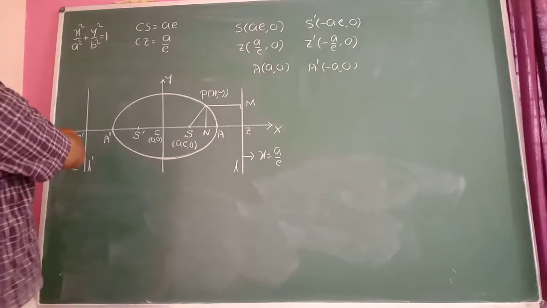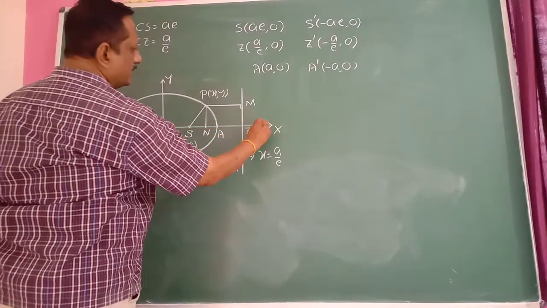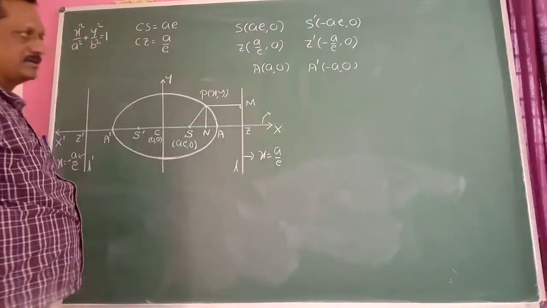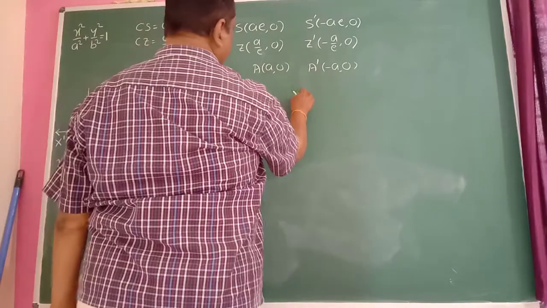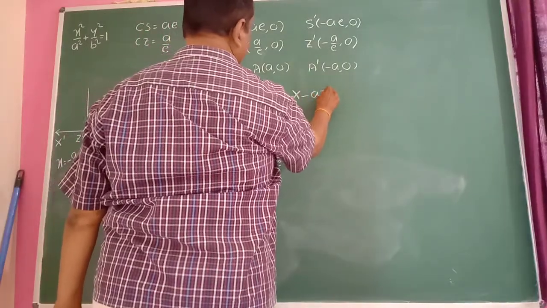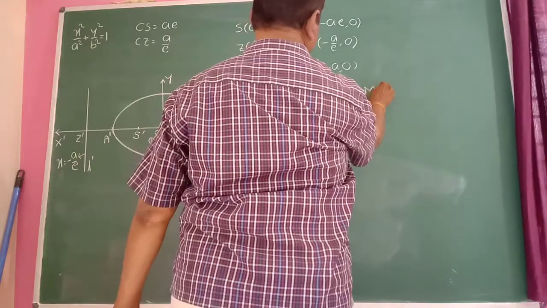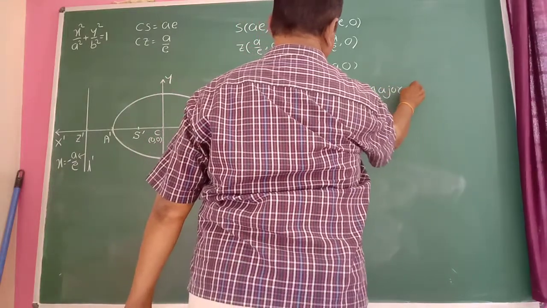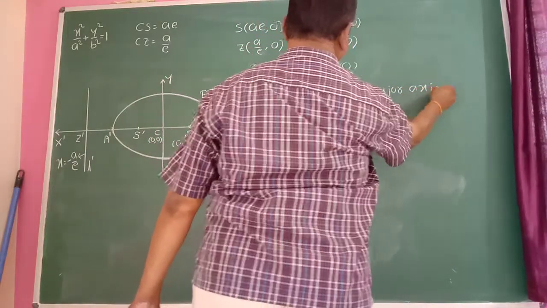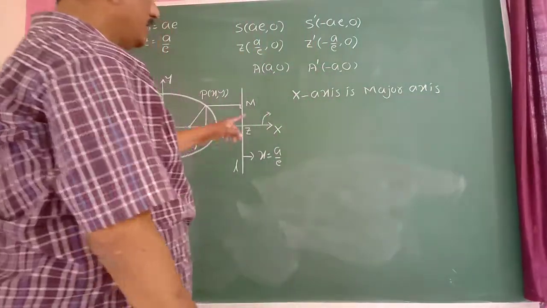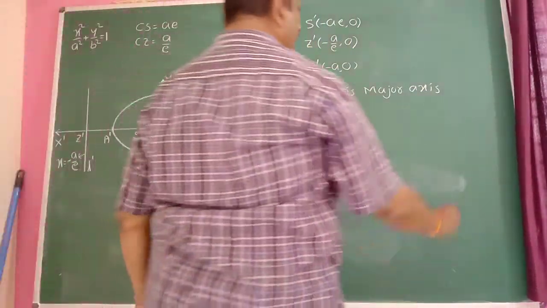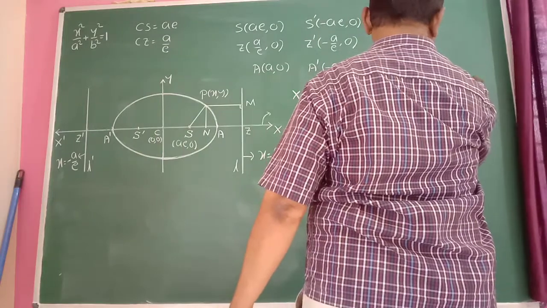And you know, this x-axis is the major axis here. X-axis is called the major axis, and its equation is y is equal to 0.